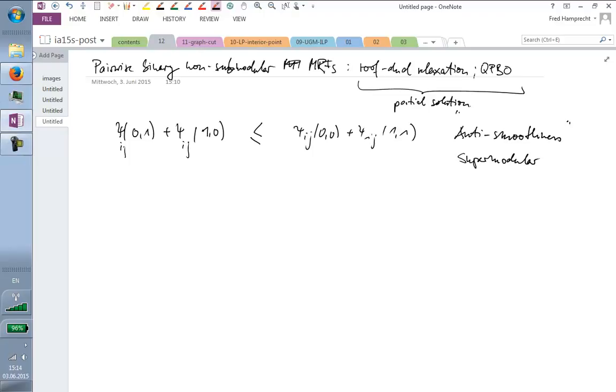Now we will use one fundamental trick. Namely, given that we want to deal with anti-smoothness, we introduce anti-nodes or anti-voxels or anti-pixels.